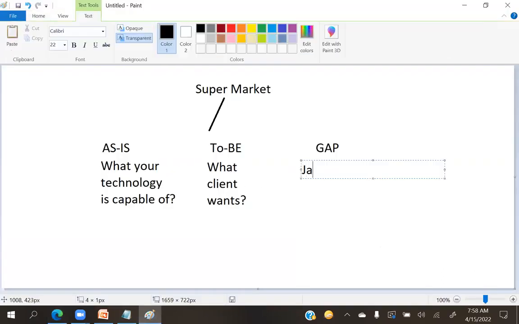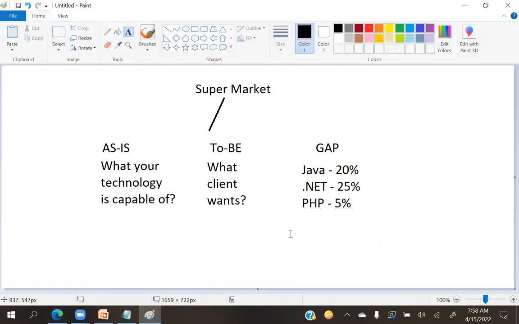Suppose Java is having 20% gaps and .NET is having some 25% gaps. PHP is having only 5% gaps. Then we decide to go with PHP, because 95% of the work it can manage. Only 5% we need to depend on third parties.